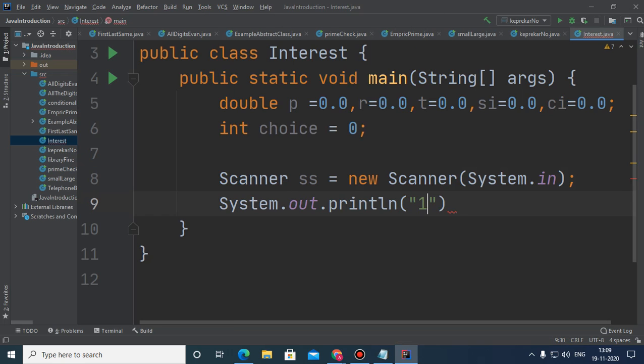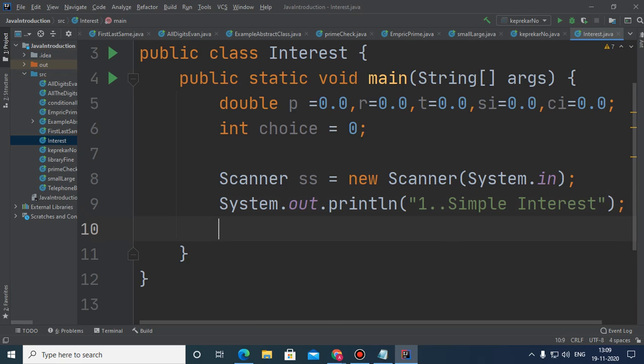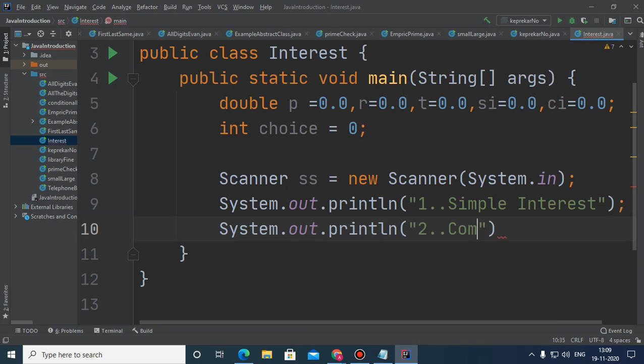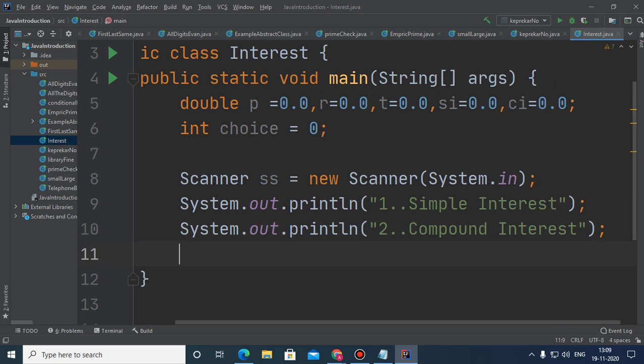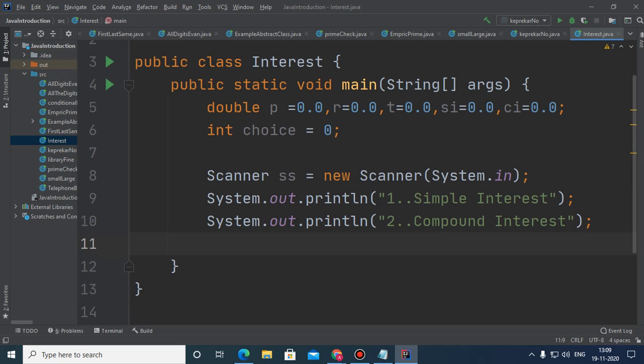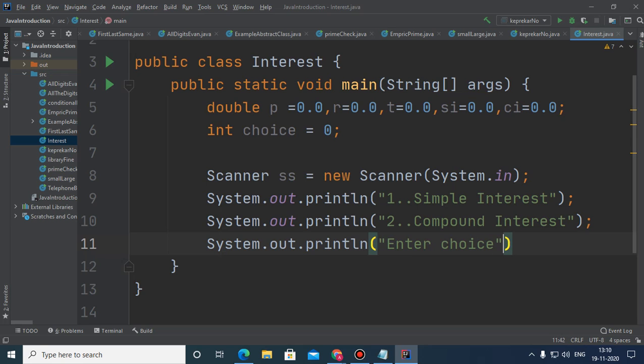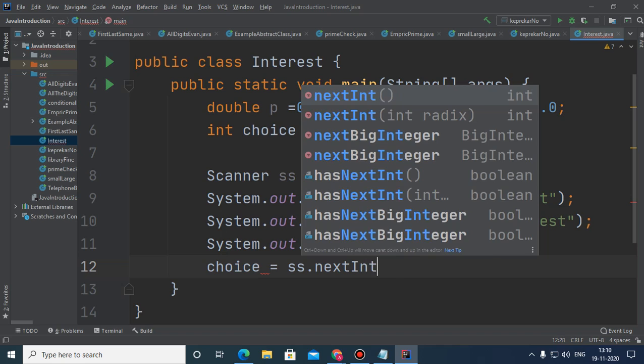This is the first choice, simple interest, and this is compound interest. So children, these two are the valid choices. And after these valid choices, you have to enter the choice, that is ss.nextInt.